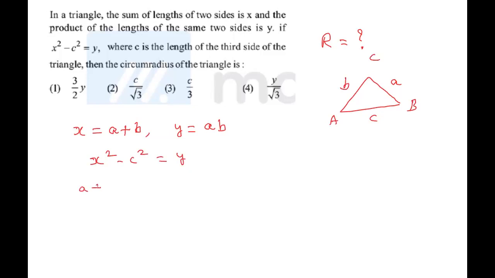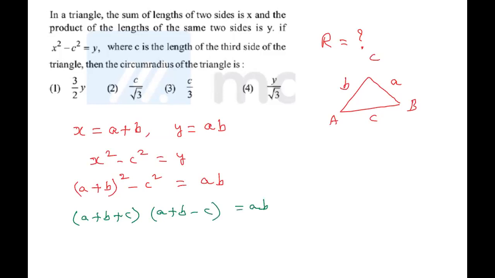Substitute here. x means (a plus b) whole square, minus c square is equal to y, which means ab. So the left hand side is in the form of a square minus b square. Apply the formula: (a plus b plus c) into (a plus b minus c) is equal to ab.